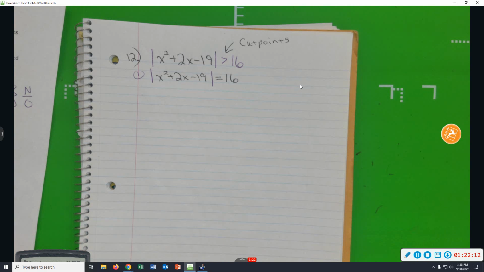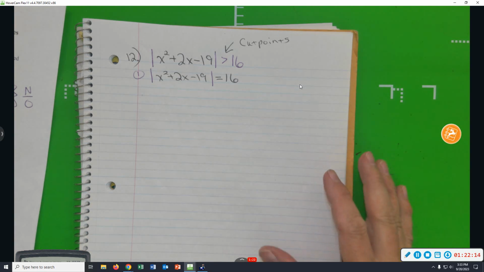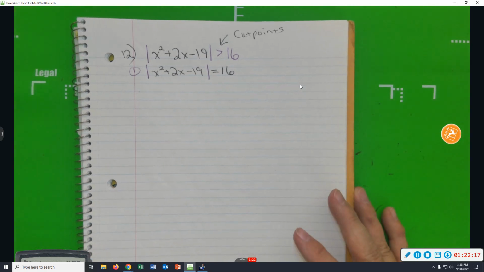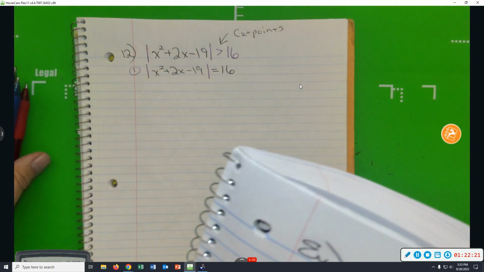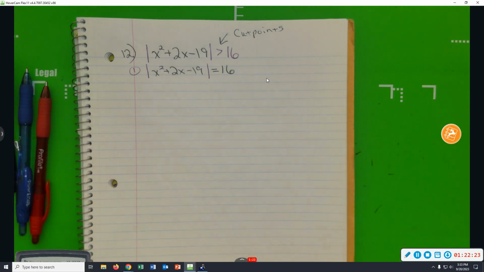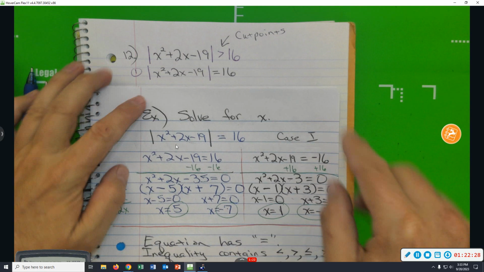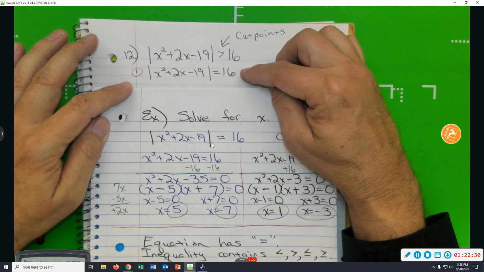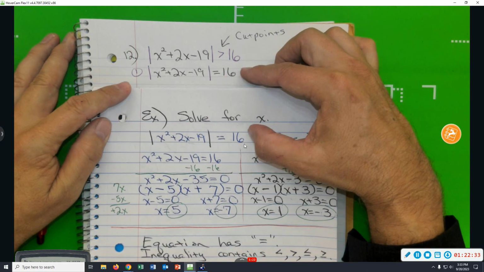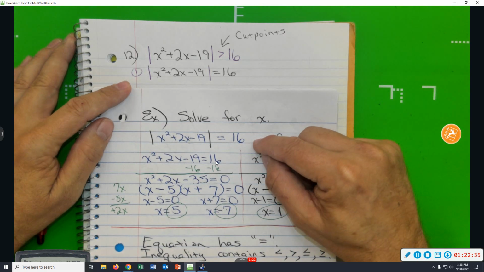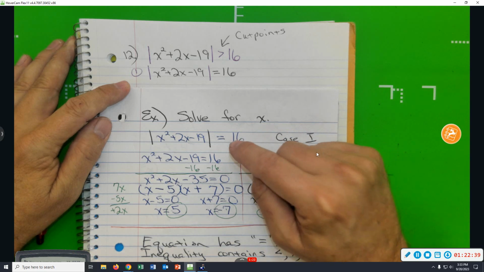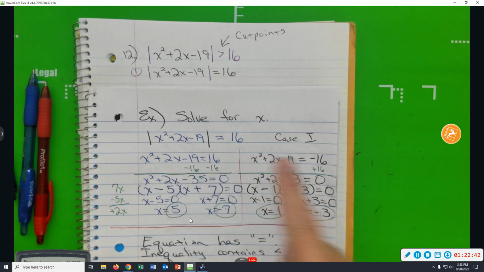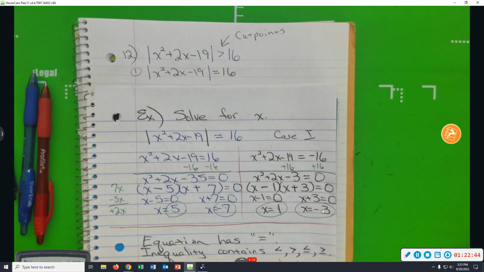Now, let's review something that we did the last time. This was an example I made up. Actually, I just looked at number 12 from this assignment today, and y'all remember that? That looks familiar to me. The absolute value of x squared plus 2x minus 19 is equal to 16. This is the little example that I made up the last time. Positive, equal negative. So we'll have to go positive, equal negative. Do y'all remember that?